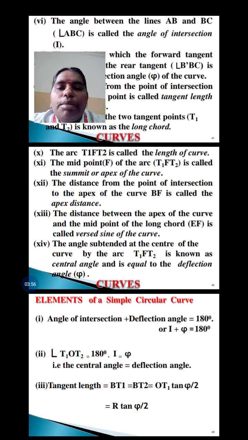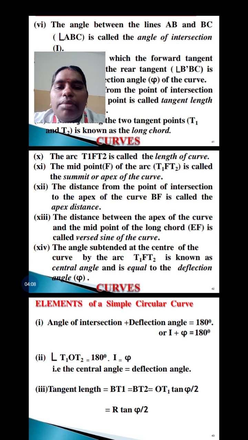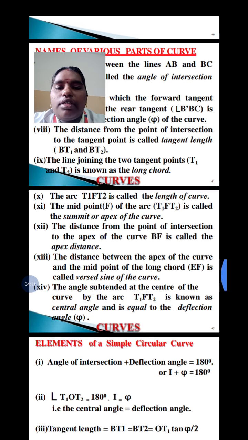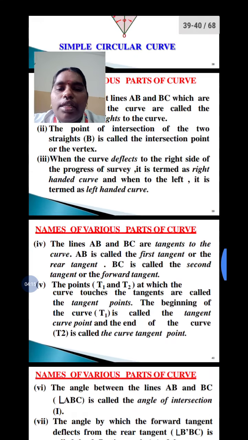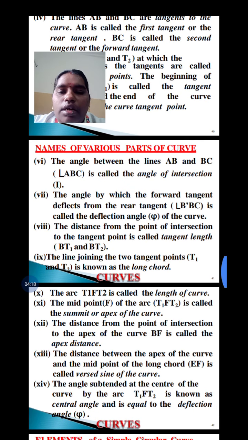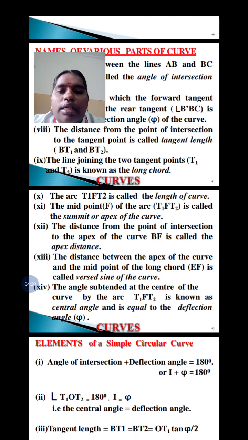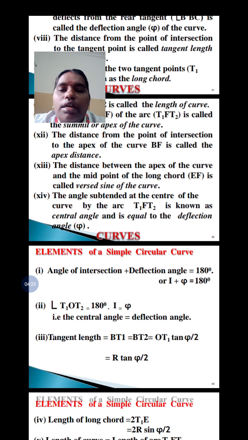The midpoint F of the arc T1 F T2 is called the summit or apex of the curve. Apex distance means PF in the diagram. And the line EF means the versed sine of the curve. Finally, the deflection angle psi and the central angle are equal.